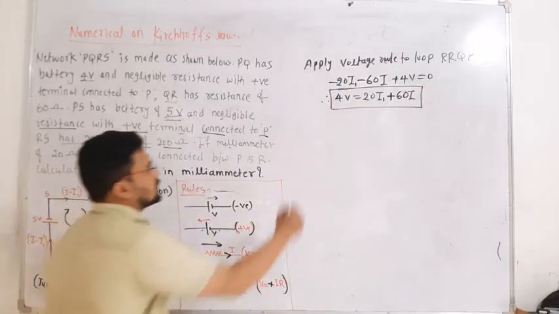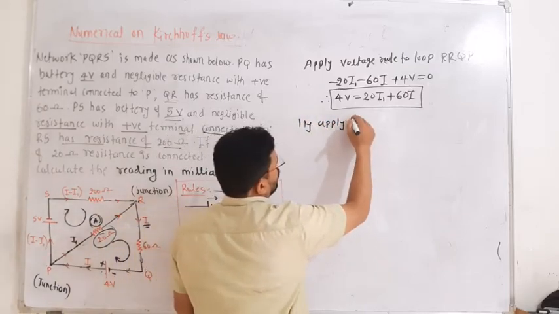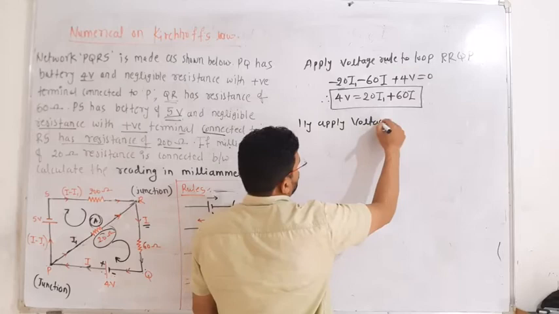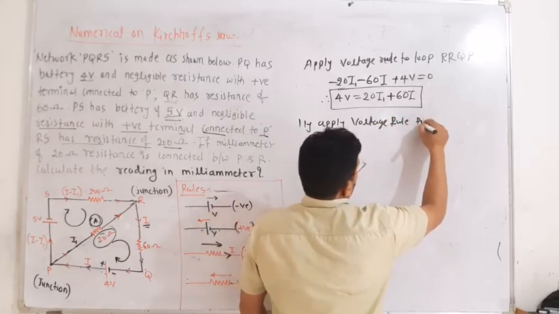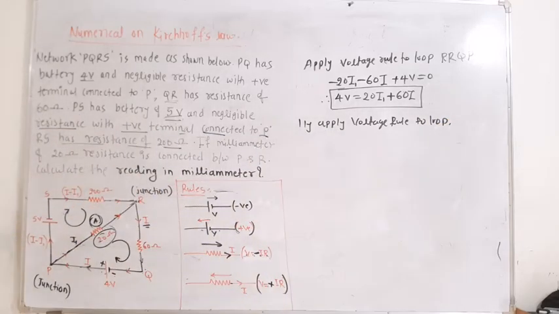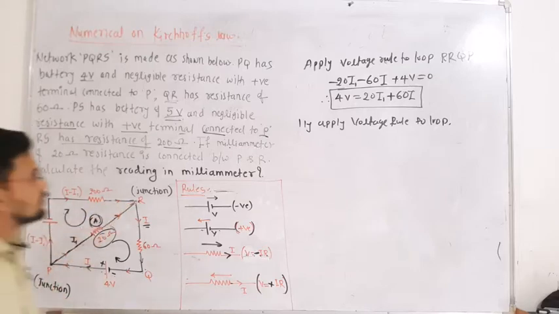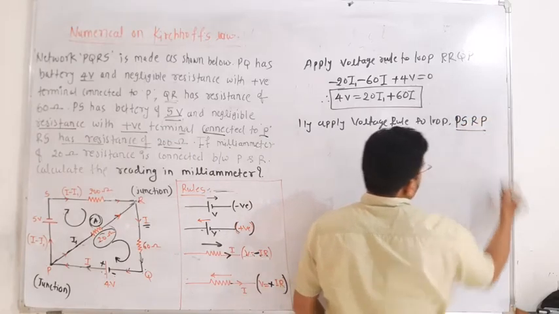Similarly, apply the voltage rule to loop PSRP, correct?